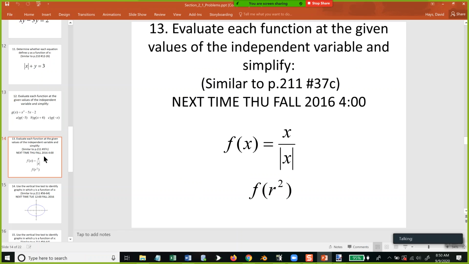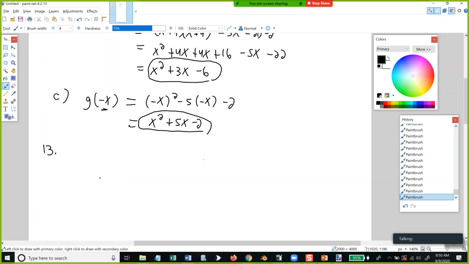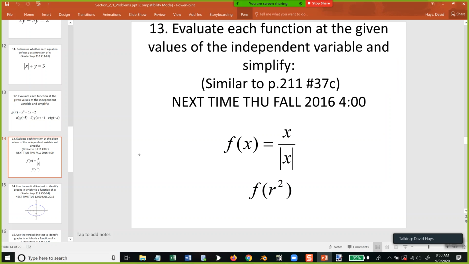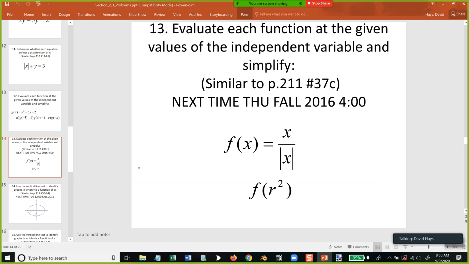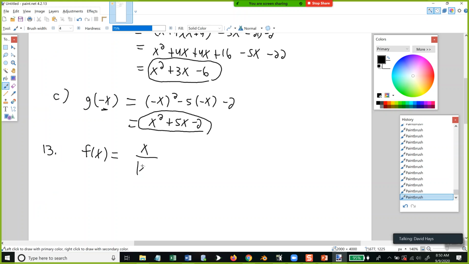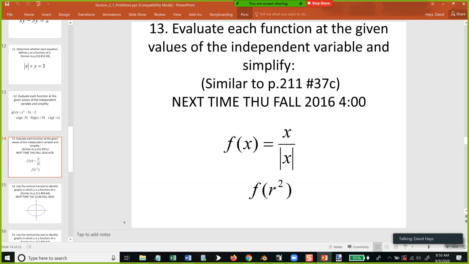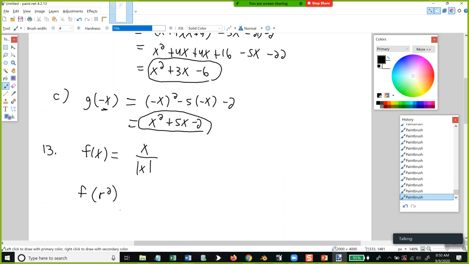Now, next problem. We've got f of x is equal to x over the absolute value of x. And we want to find f of r squared. After one example, or actually there's 3 examples within one there, but you probably have it.